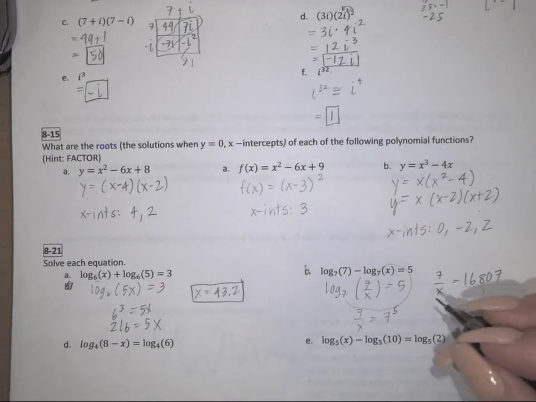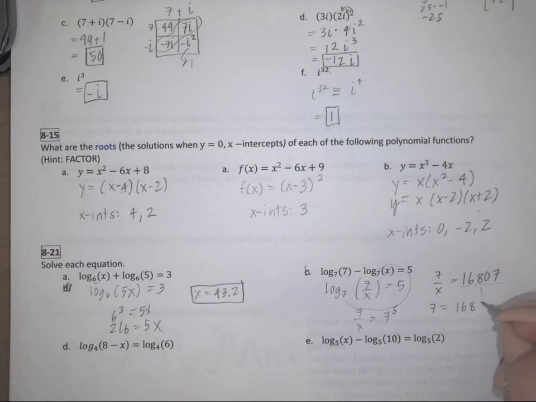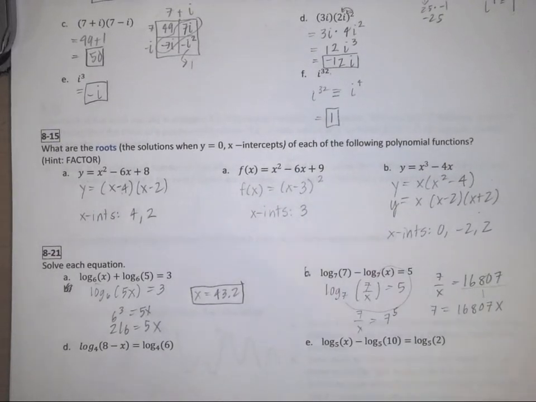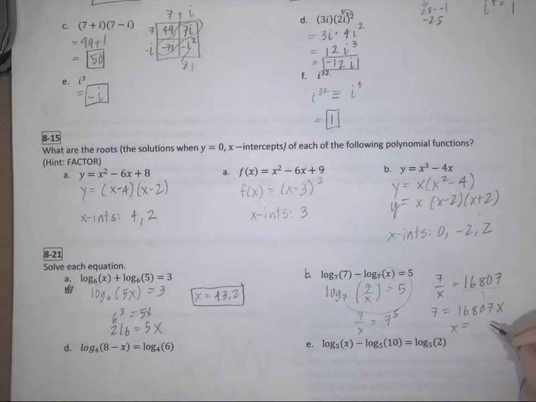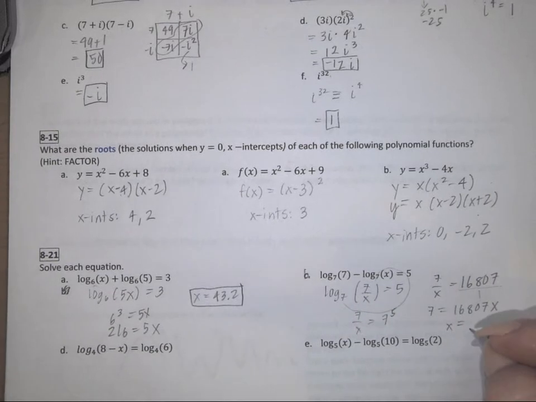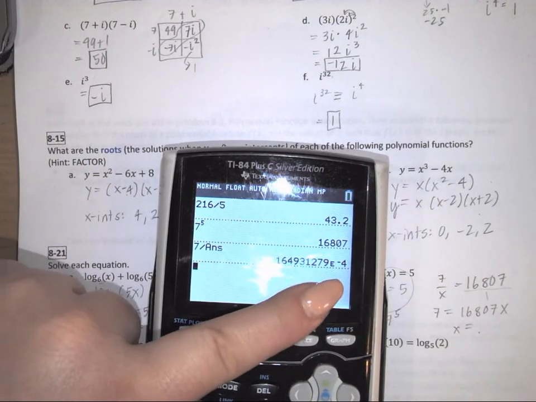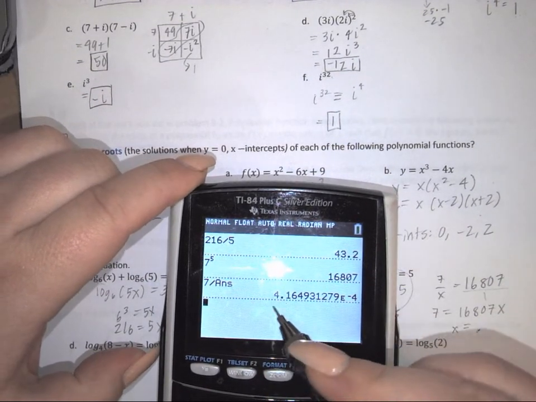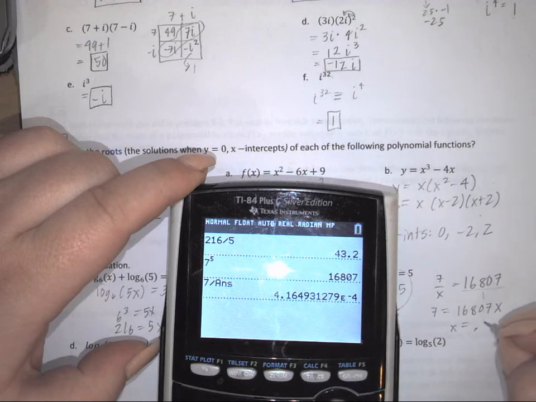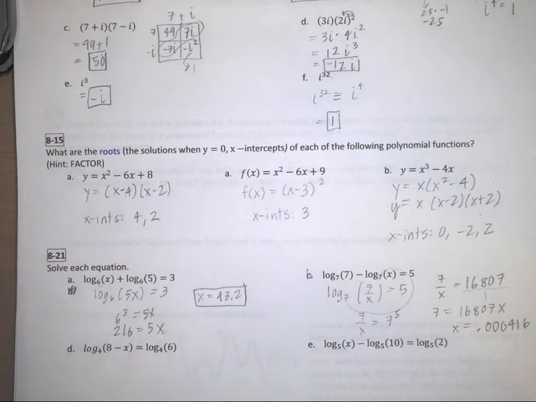Write it over 1 to cross multiply, so 7 equals 16,807x, and then divide by that, and you get a really small number. It's going to say 4.164 e to the negative 4, so just write it in decimal form. If you move this decimal to the left 4, it's 0.000416. Okay.